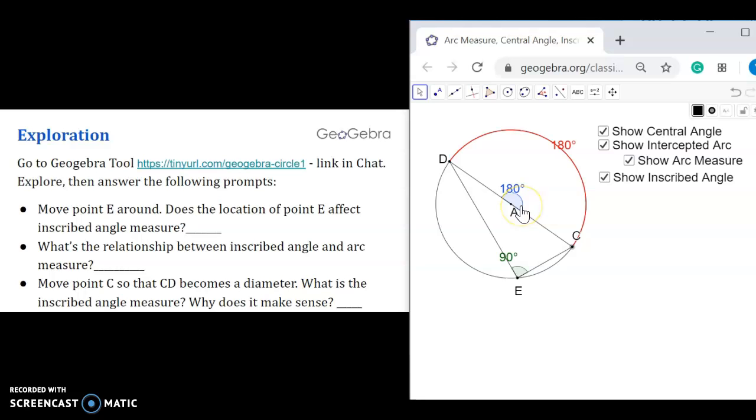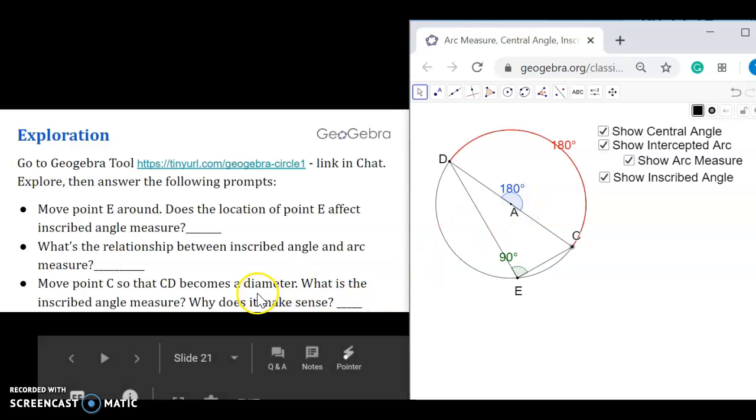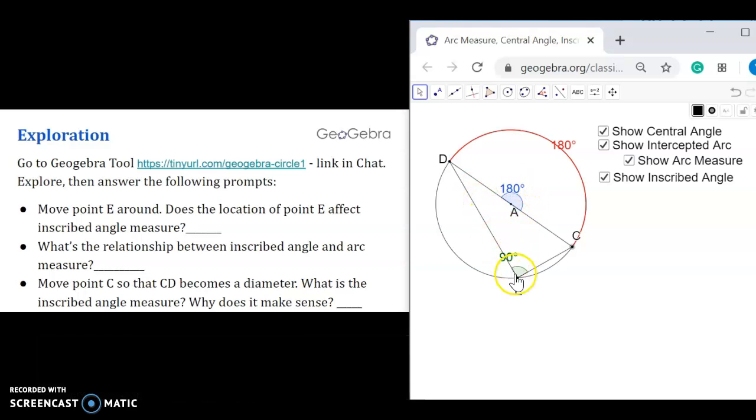What is the inscribed angle measure? This is the central angle, and the inscribed angle is 90 degrees. Let's try moving the point E. It doesn't matter where I go, it's always going to be 90 degrees, which is pretty cool, right?